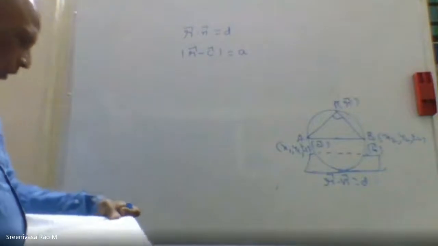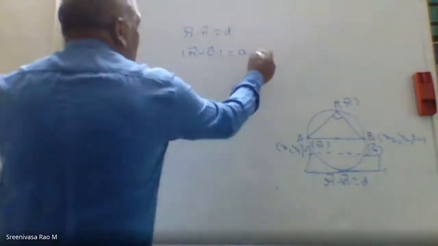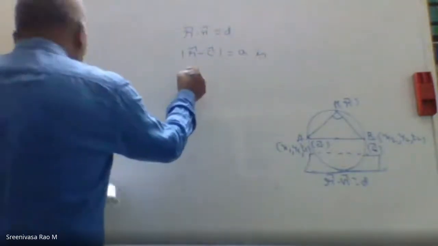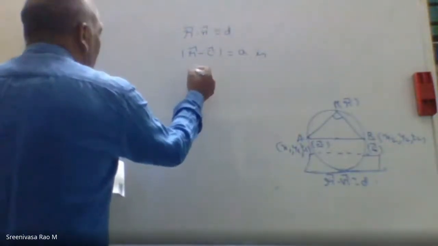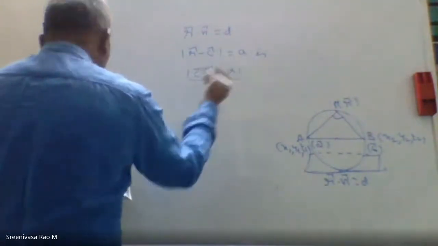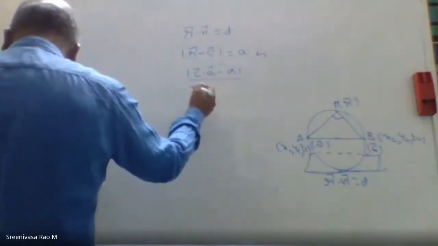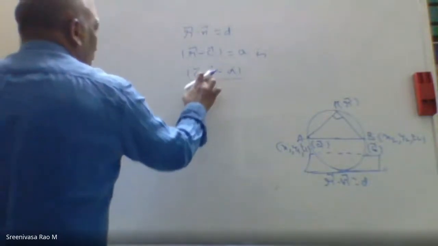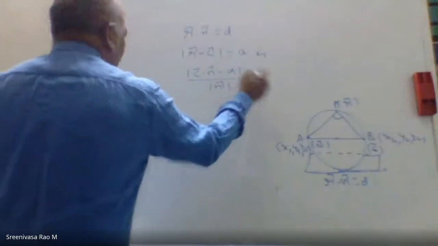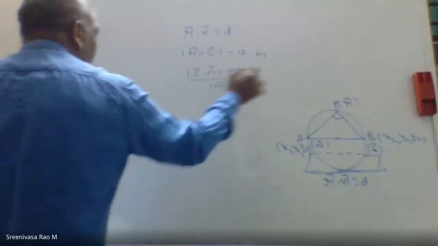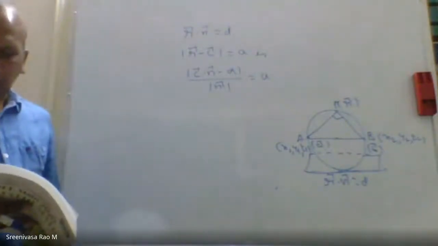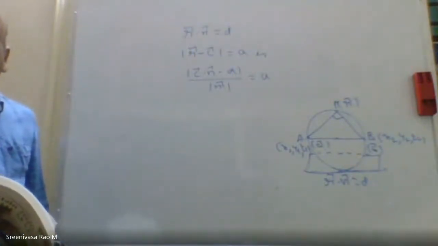You can write this as the perpendicular distance from the center to that plane. I can write this as mod of (c bar dot n bar minus d) divided by mod n bar, which is equal to the radius.